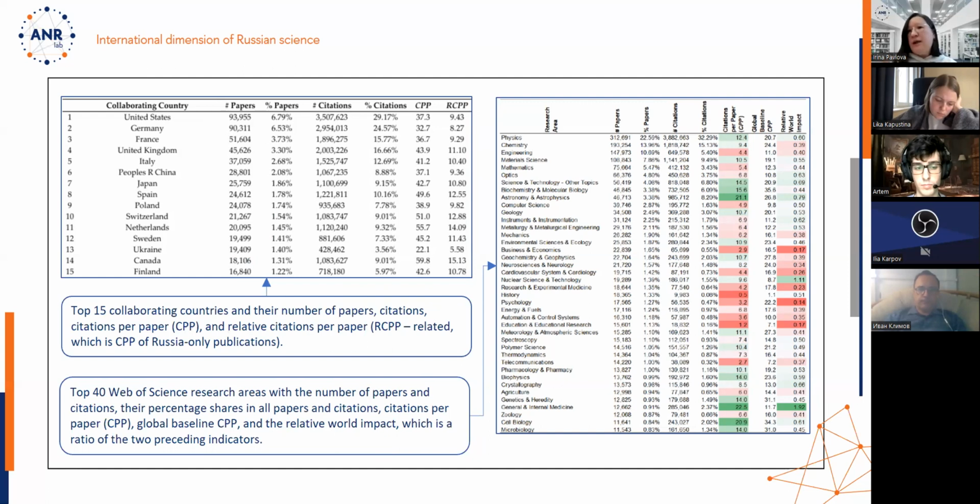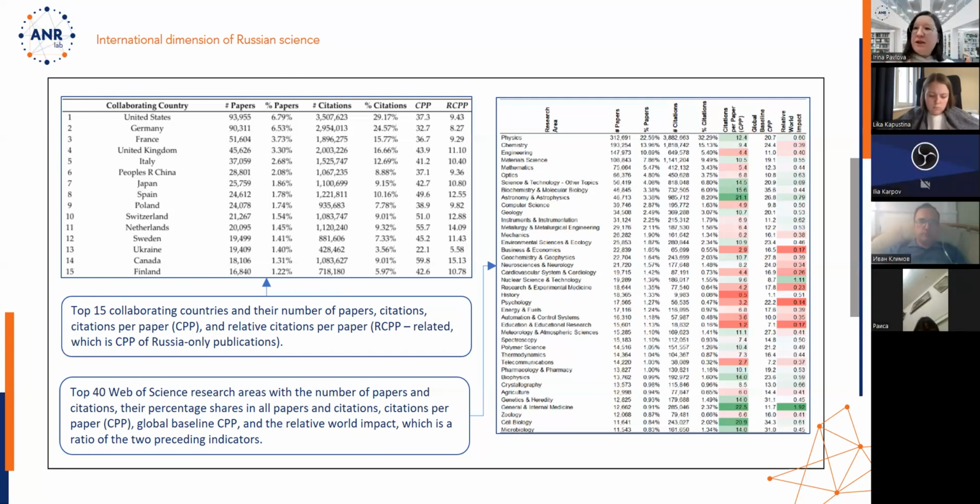We see here on the screen right now, for example, the top research areas with the top amount of publications presented in the data set. Definitely physics and chemistry, engineering, material sciences, mathematics, and so on are top disciplines where Russian scientists publish in their different journals, which are indexed in Web of Science.